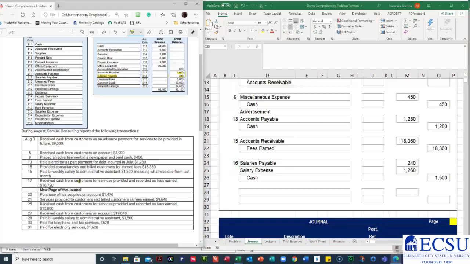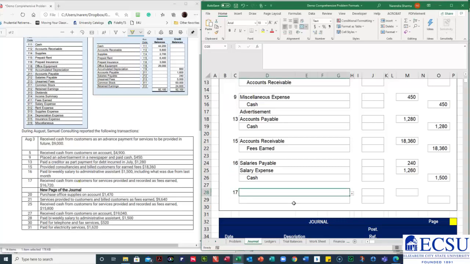It says received cash from customers for services provided. Received cash from customers. So that's on the 17th. Okay, so that's received cash from customers for service provided and recorded as fees earned.